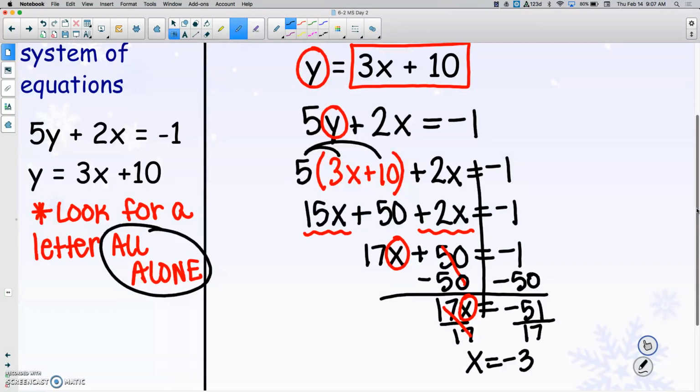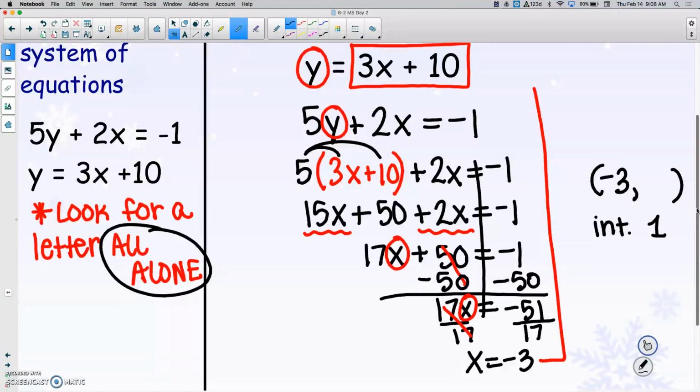So the x-coordinate is -3. I write that one first in my ordered pair. Remember, these are always going to be intersecting lines with one solution. And then I go back up to my rectangle. And this equation said y equals 3 times x plus 10. So 3 times x. Remember, x we found right here is -3.